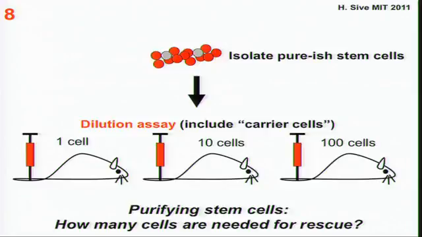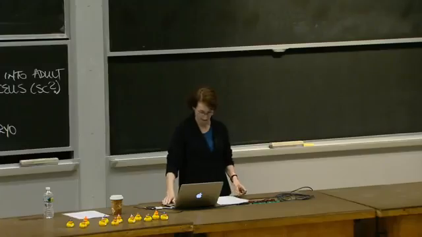You can introduce what you think is 1 stem cell, 10 stem cells, 100 stem cells, and so on, into an irradiated mouse, and ask how many stem cells does it take to repopulate the entire blood system and immune system. And it turns out you have to mix these cells with carrier cells, otherwise it doesn't work. But it turns out that 1 cell can repopulate the entire hematopoietic system, which is really extraordinary and led to the diagram that I showed you in the slide before.